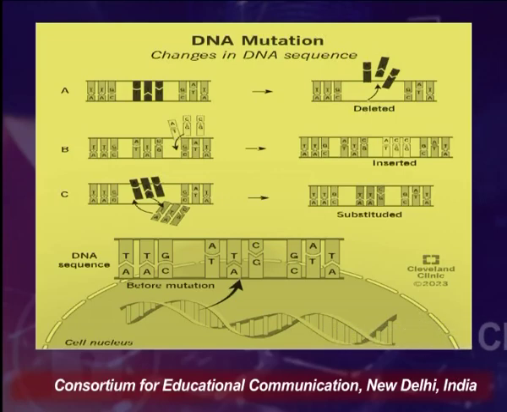Insertions always increase the size of DNA. Another one is substitution. What happens in substitution? A particular sequence is substituted by a similar number of base pairs. So, in substitution, there is no change in DNA length. Deletion will decrease the number, insertion will increase it, whereas substitution will keep the number the same.